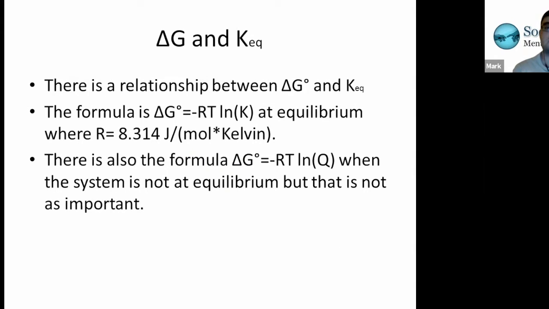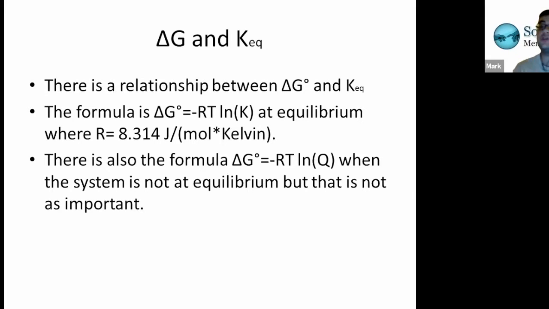A last quick thing about delta G before we move on to a different topic. There actually is a relationship between delta G standard and Keq, which is the equilibrium constant. We haven't really covered equilibrium yet, but we will soon.